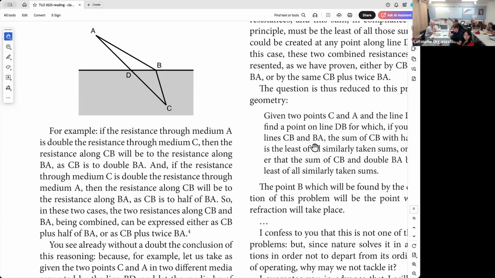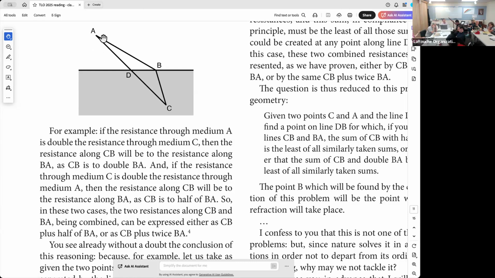And if the resistance through medium C is double the resistance through medium A, then the resistance along CB will be to the resistance along BA, as CB is to half BA. So in these two cases, the two resistances along CB and BA being combined can be expressed as either CB plus half of BA or as CB plus twice BA.